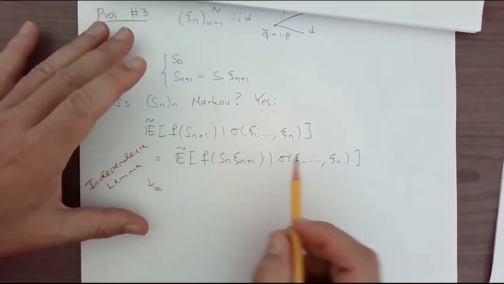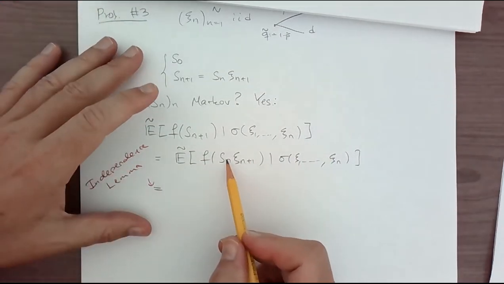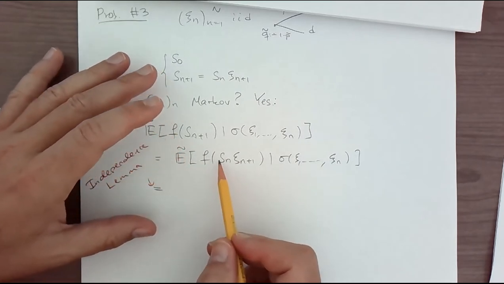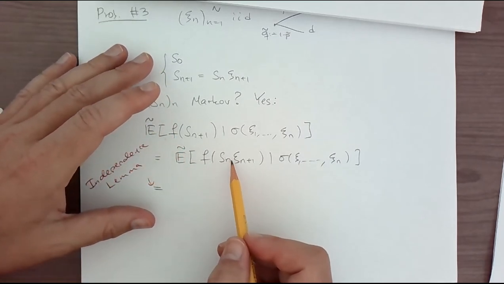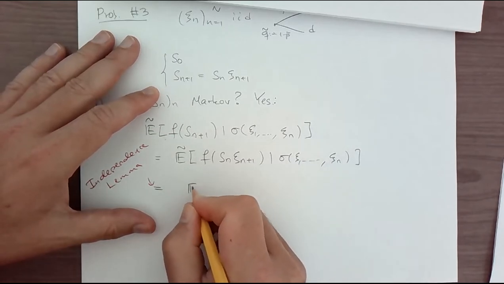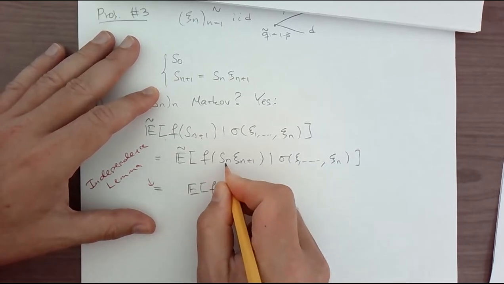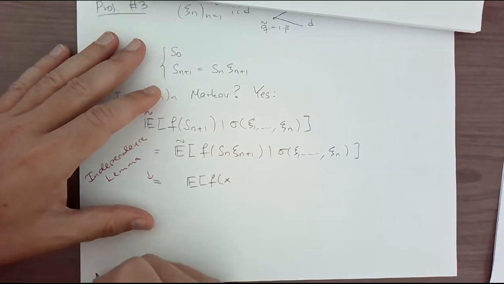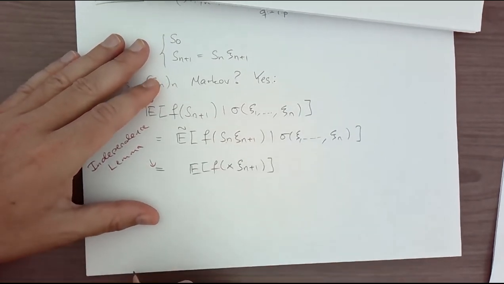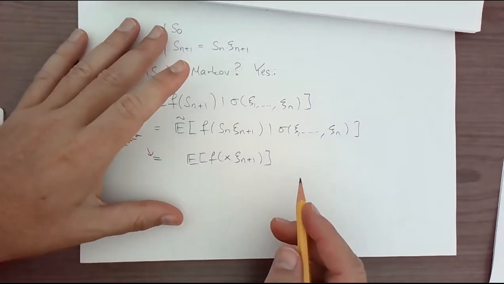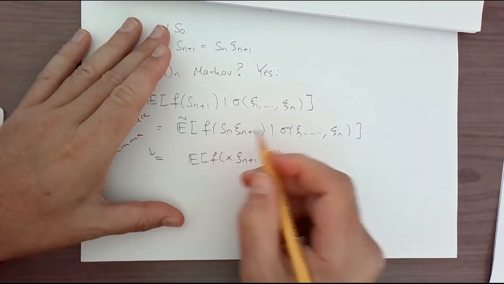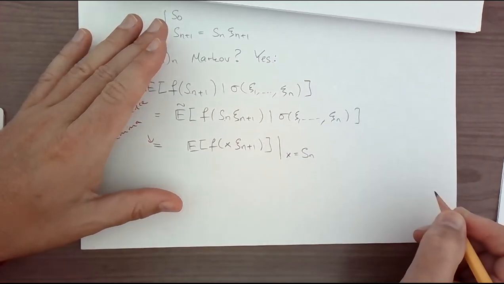It says you take out what is measurable, but you cannot move Sn outside the function f, since f is some arbitrary function and not linear. So you replace what is measurable with a dummy variable x, take the expectation over the rest with no conditioning anymore, and when you're done computing, you replace x with Sn.